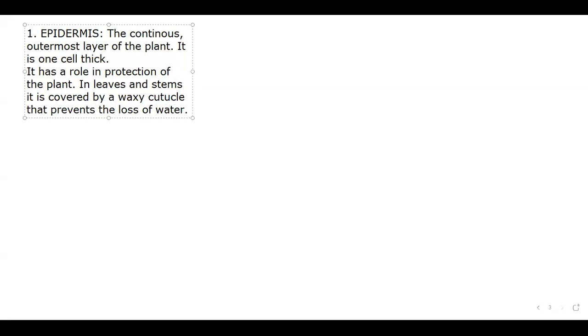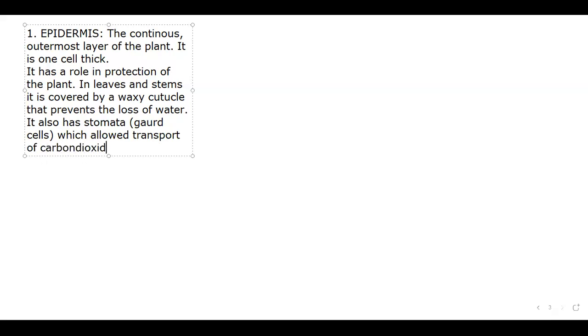Then on top of that, it also has your stomata, whose opening is controlled by guard cells, if you remember, right? So your stomata allow transport of carbon dioxide in and out of the leaf, right?